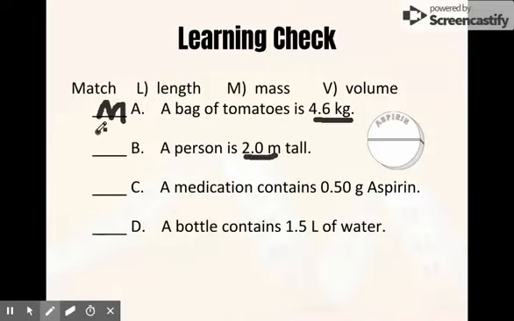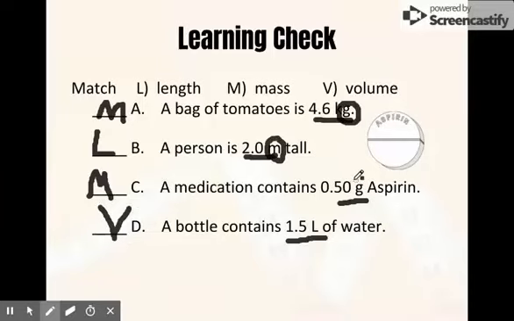So we're measuring a length, L. A medication contains 0.5 grams of aspirin. So grams is a measure of mass. A bottle contains 1.5 liters of water. That would be a volume. So again, we look for grams, meters, or liters to know if we're talking about a length, mass, or volume.